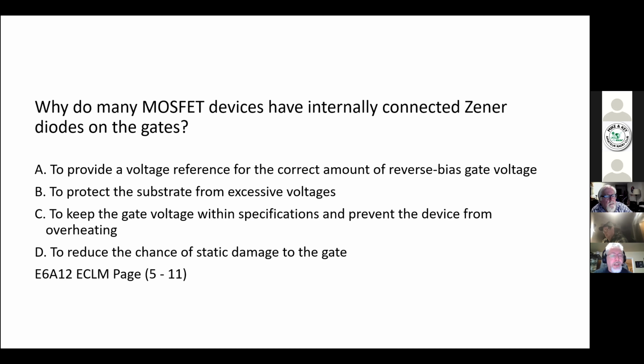C, to keep the gate voltage within specifications and prevent the device from overheating. Or D, to reduce the chance of static damage to the gate. Delta is the correct answer, to reduce the chance of static damage to the gate.